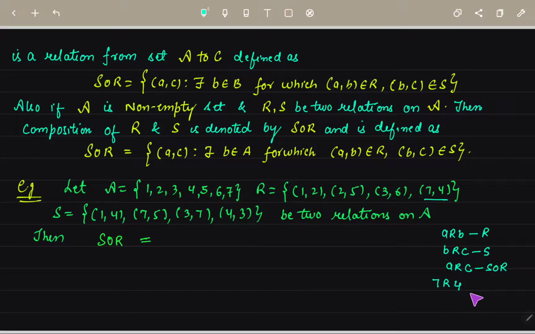So clearly this 7 is related to 4 belongs to R.